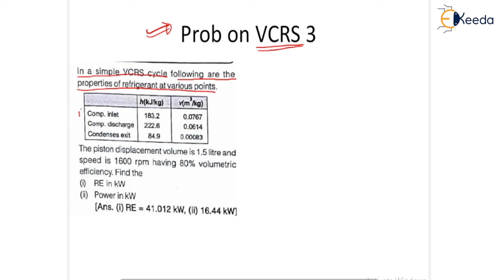The compressor inlet enthalpy is 183.2 and specific volume is 0.0767, and compressor discharge enthalpy is 222.6 and specific volume is 0.0614, and condenser exit enthalpy is 84.9 and specific volume is 0.00083, and the piston displacement volume is 1.5 liter and the speed is 1600 rpm, having 80% volumetric efficiency.